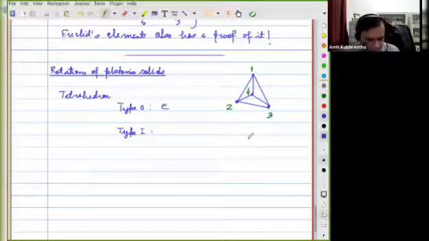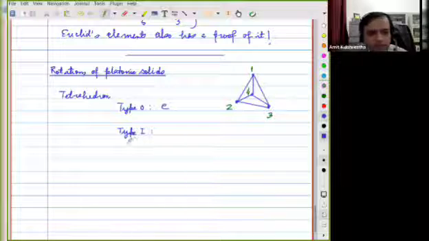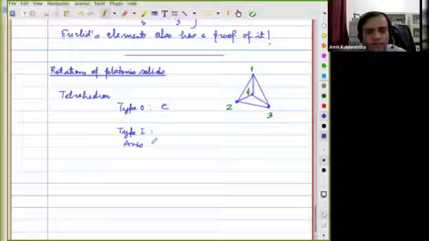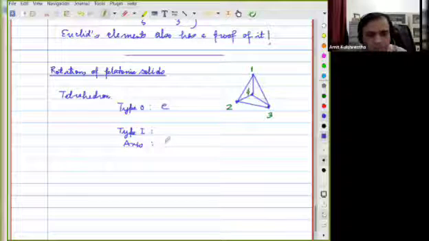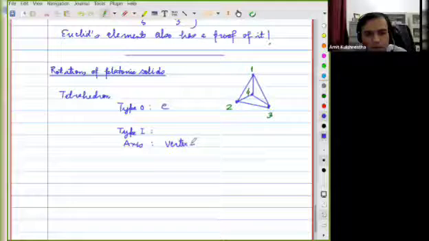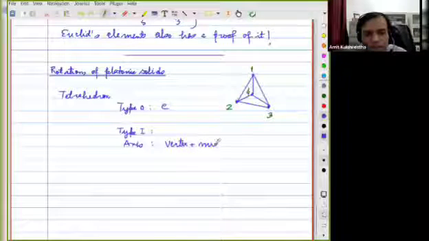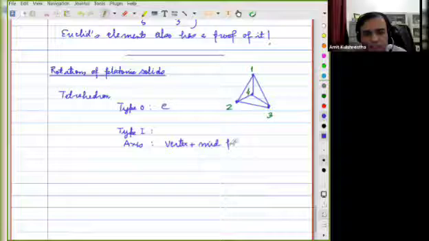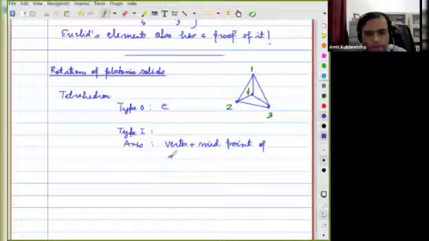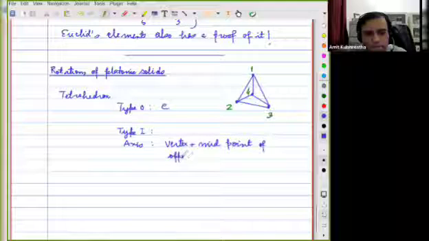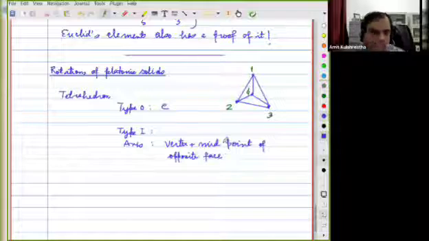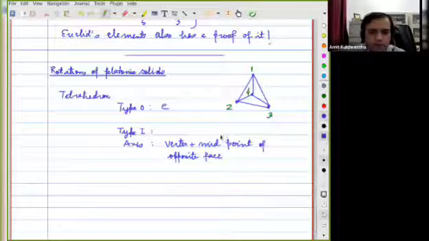So what are type 1? I'm just calling them types. Type 1 is that they are all determined by the choice of axis you take. My axis is going to be a vertex along with the midpoint of the opposite face. How many such things are possible?